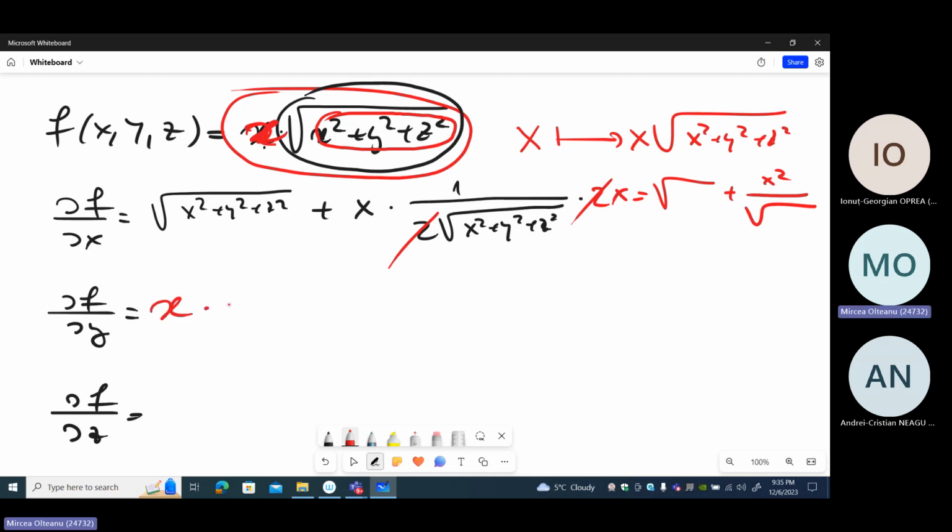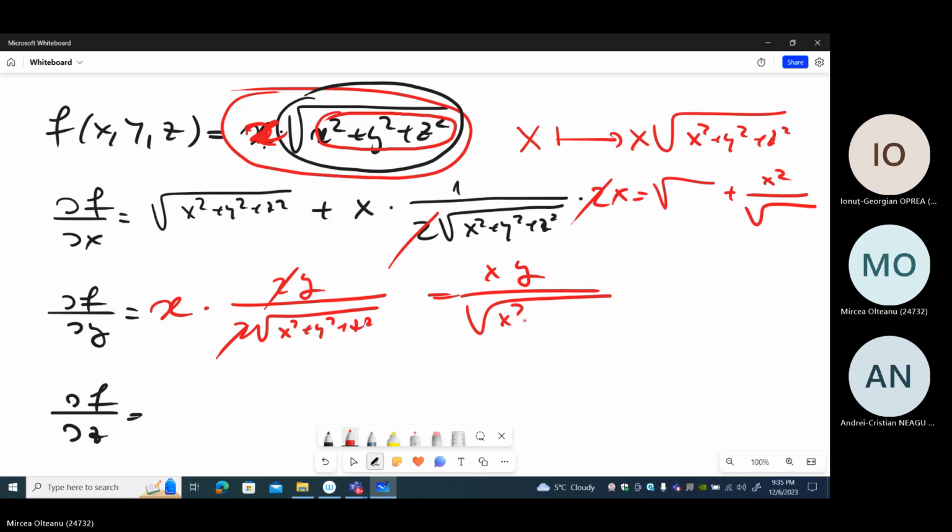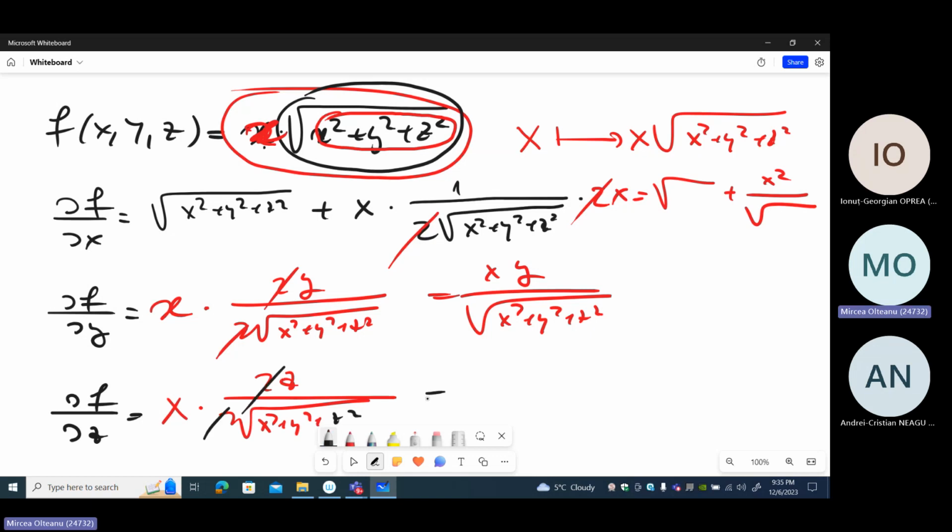It is x times 2y over 2 root of x squared plus y squared plus z squared, which means actually xy over the root. Similarly, with respect to z, we shall have x is a constant times 2z over 2 times the root, which means xz over the root.